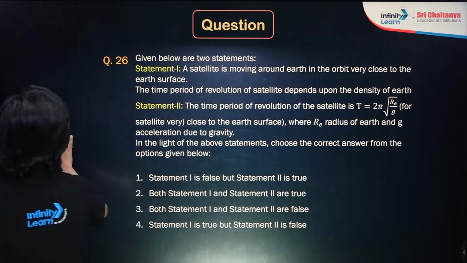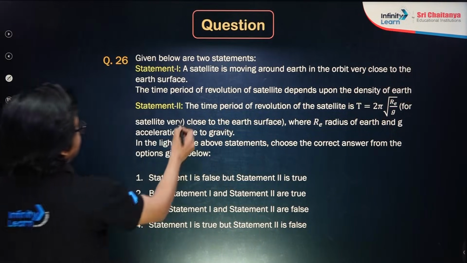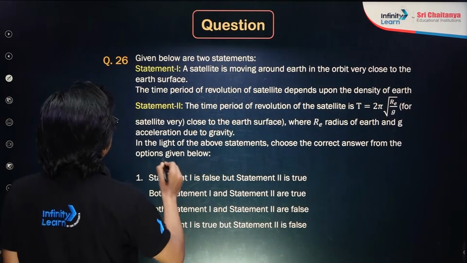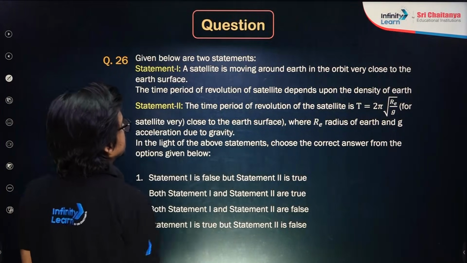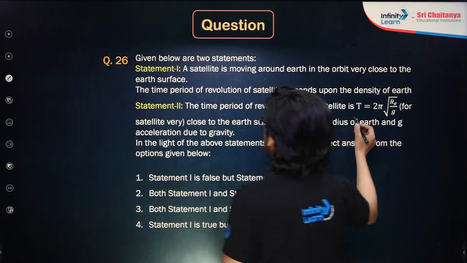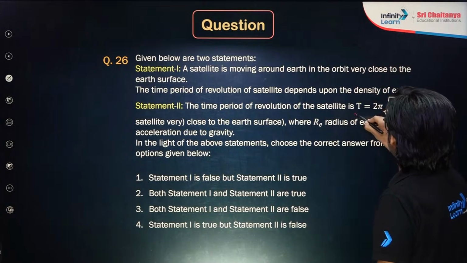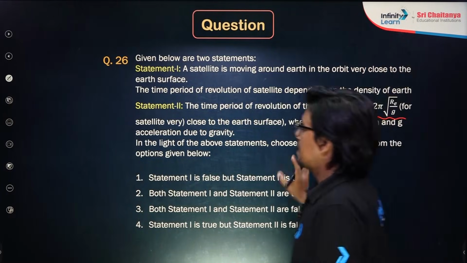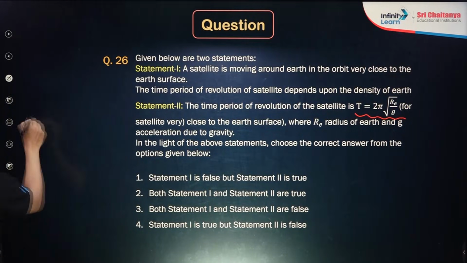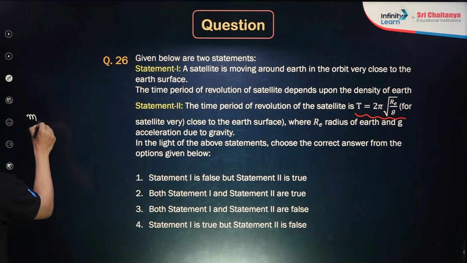So let us see the validity of the first one. A satellite is moving around the Earth in an orbit very close to the Earth's surface. The time period of revolution of the satellite depends upon the density of Earth. First of all, if I take the second statement, this is about the time period and it is the correct statement. How can you prove that? You can just write the force acting as m r omega square.